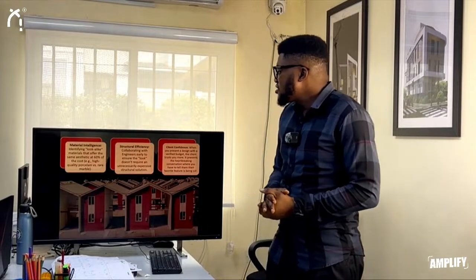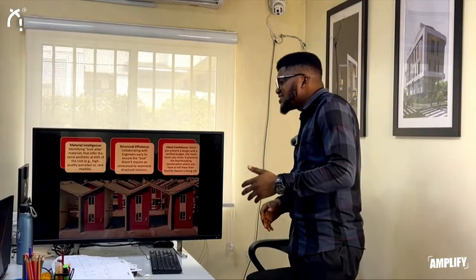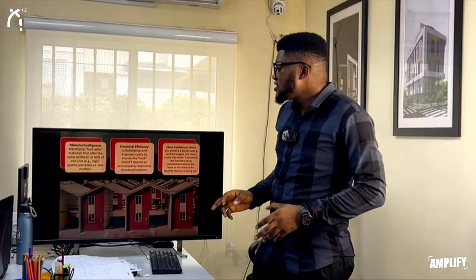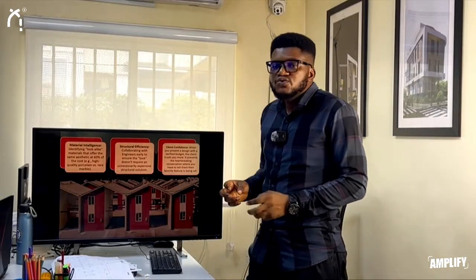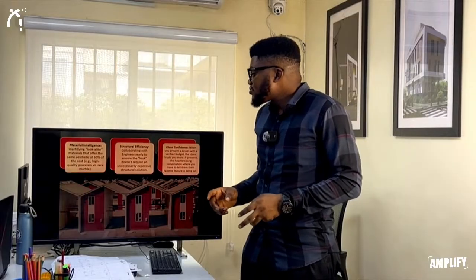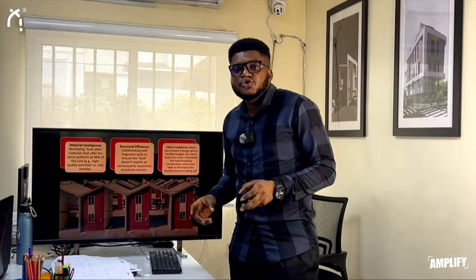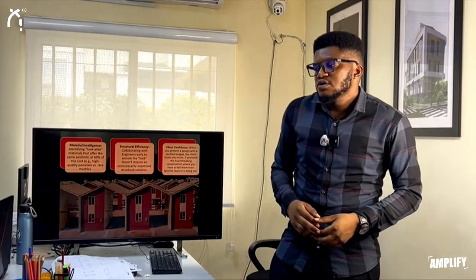Structural efficiency, collaborating with engineers early to ensure the look doesn't require an unnecessarily expensive structural solution. So we also have not just the quantity surveyor now, we also have to collaborate with the engineers to find out, okay, if we are preferring this particular design, this particular facade, what effect will it have on the structure?